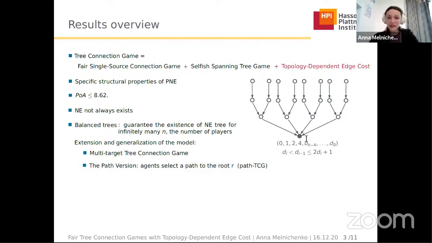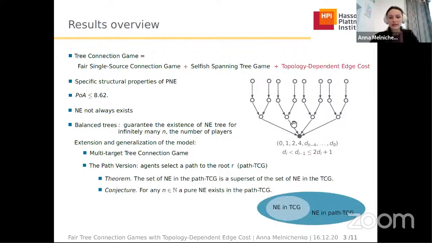Another interesting modification is a path version, which is closer to the original single source connection game, where agents pick not one edge to connect with the root, but the entire path in the network.